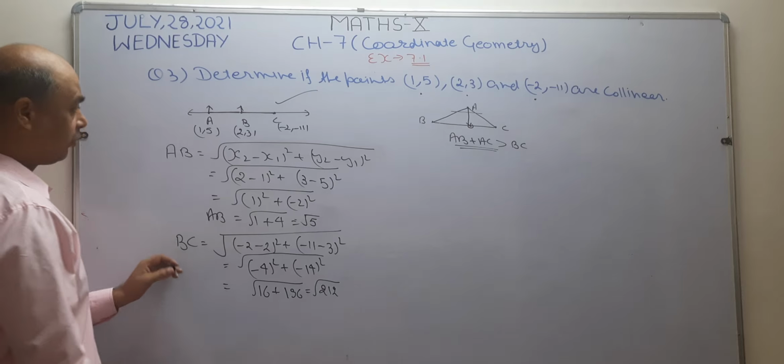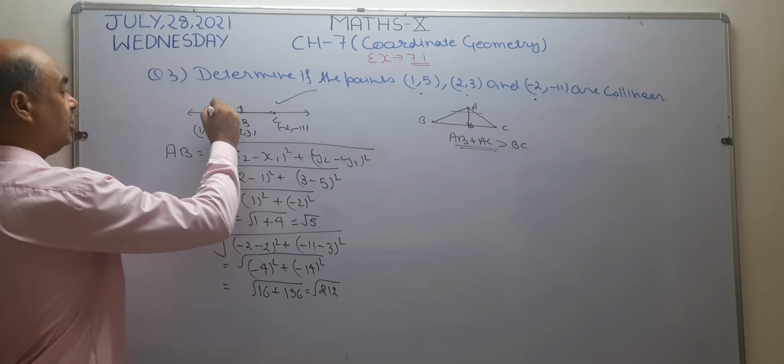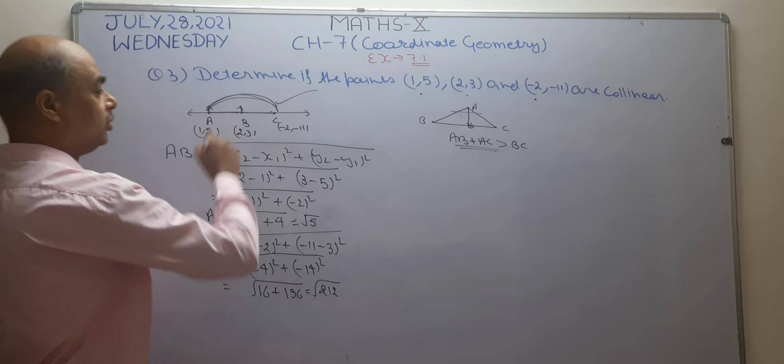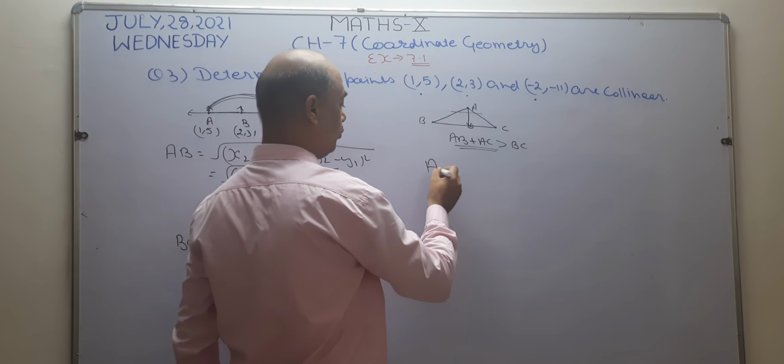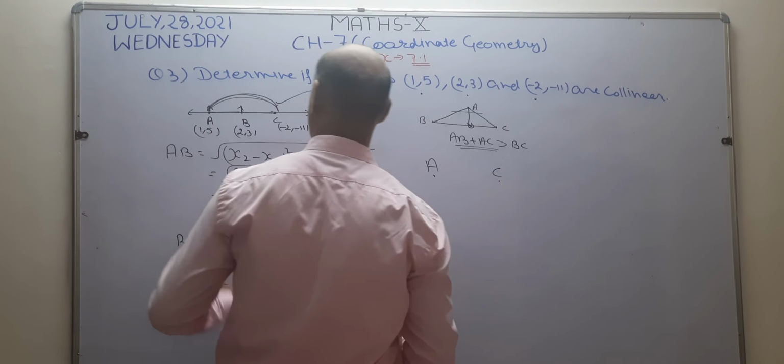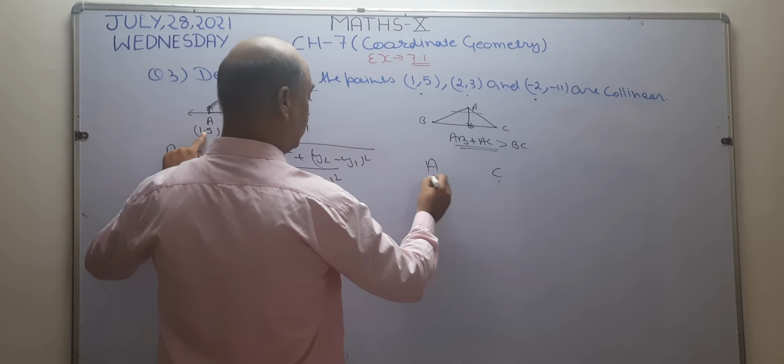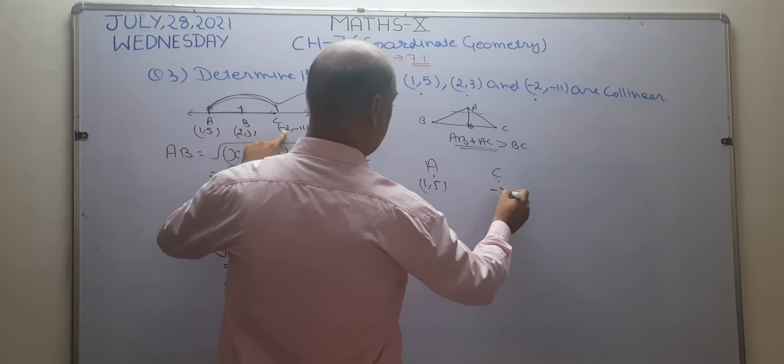Okay? Now I want to find the value of AC, the distance between these 2 points. So write here AC, point A and point C. Coordinates of point A are (1, 5), coordinates of C are (-2, -11).